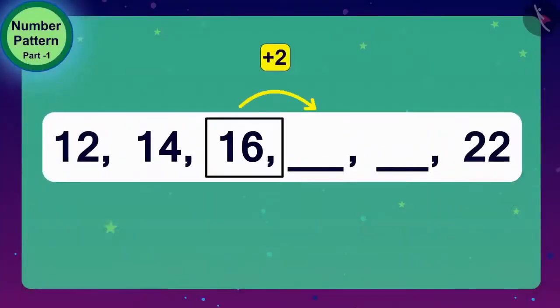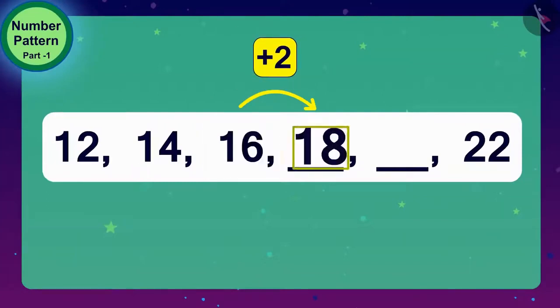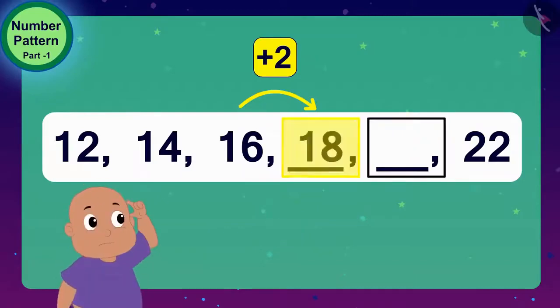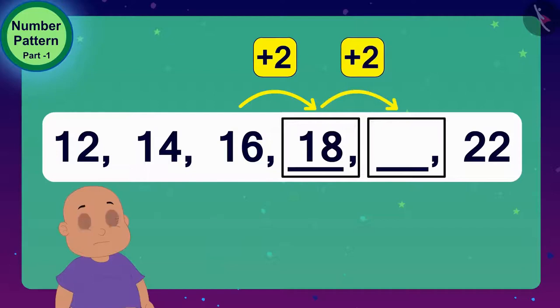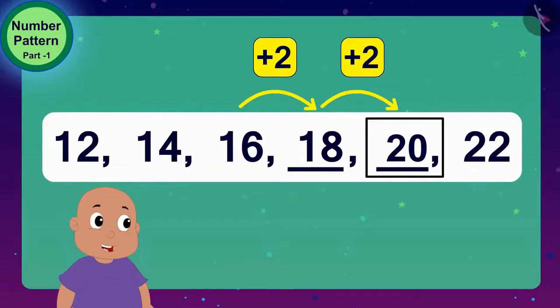We have to add 2 to 16. Then 2 added to 16 is 18. Bablu, now can you tell what will be the next number? Add 2 to 18 and you get 20. Raju, we have solved the first riddle.